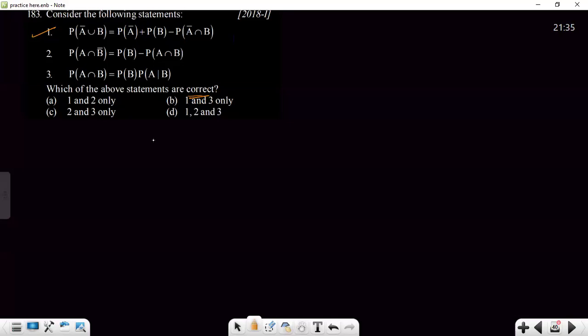First statement. Let's verify the first statement. Probability of event A bar union B is equal to probability of A bar plus probability of B minus probability of A bar intersection B. This is definitely correct. Why? If we write A bar as C and B as D, then we'll be able to understand how it is written.